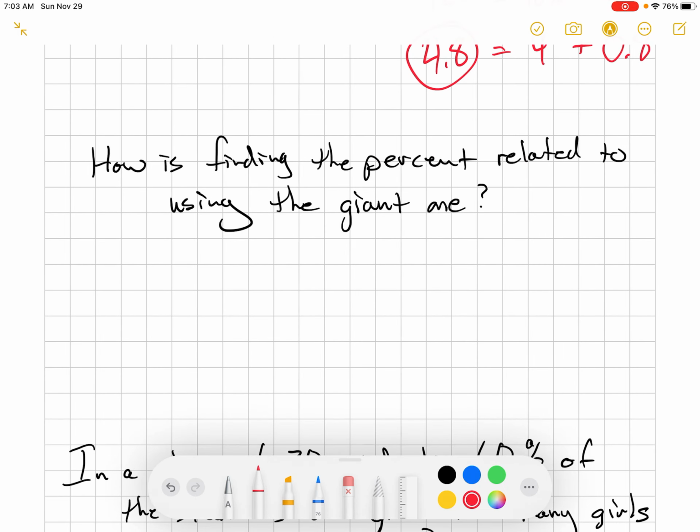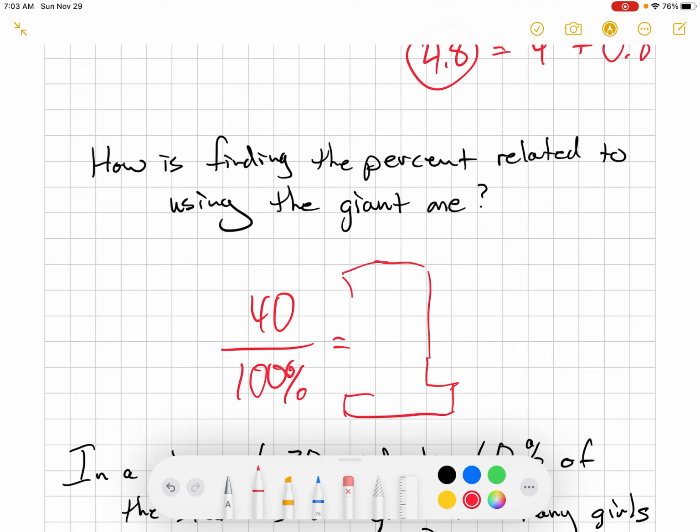How is finding the percent related to using the giant 1? This goes back to, we can multiply by that giant 1 to change percents, right? So if I go back to the 100%, and that was 40 beads, right? I'm using my giant 1, which is going to be an atrocious giant 1. I should have had a giant 1 up here, right? To say, to get to 10%, right?